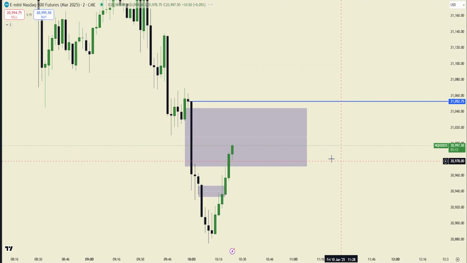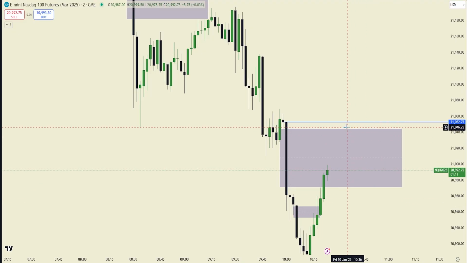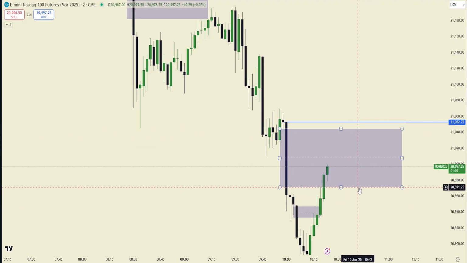So Dodgy's saying he's taking this with one micro. I respect it. He's going to risk $160.